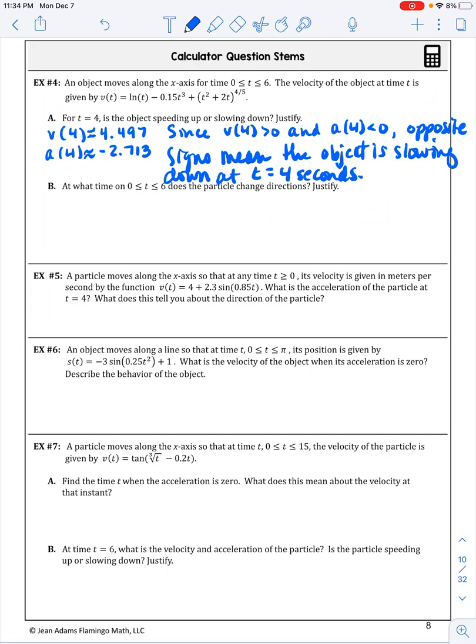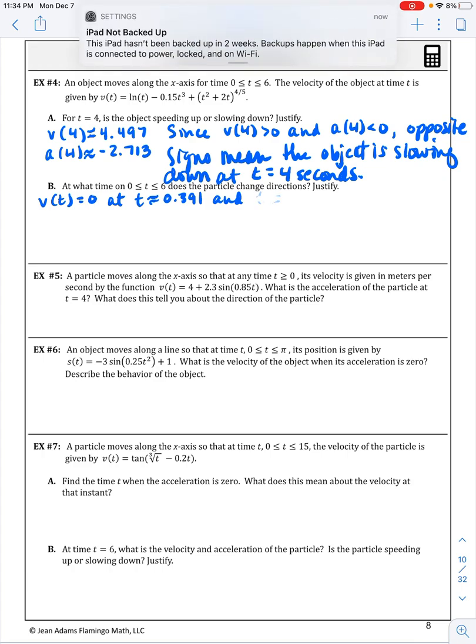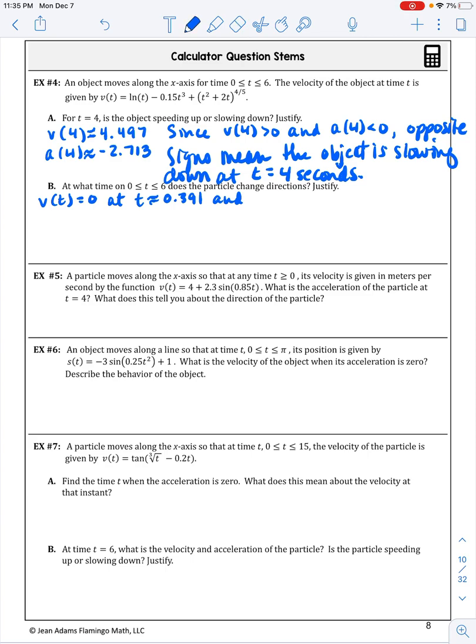So we're going to say v of t equals 0 at t equals approximately 0.391, and v of t changes from negative to positive.